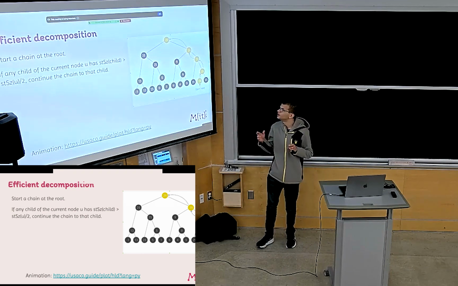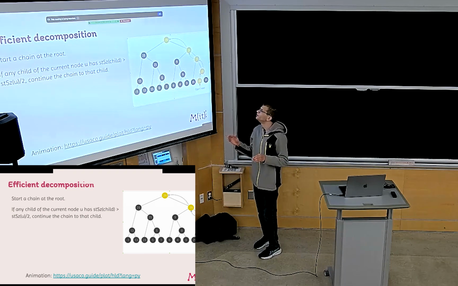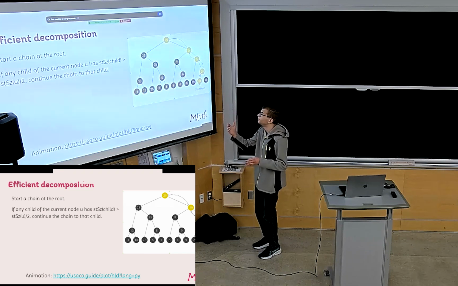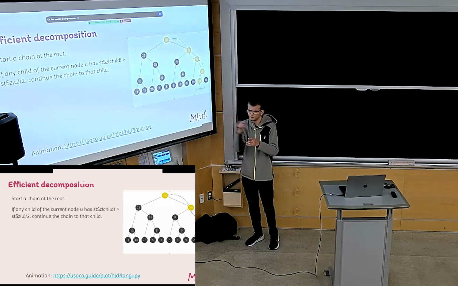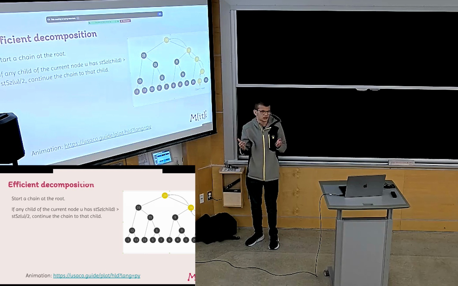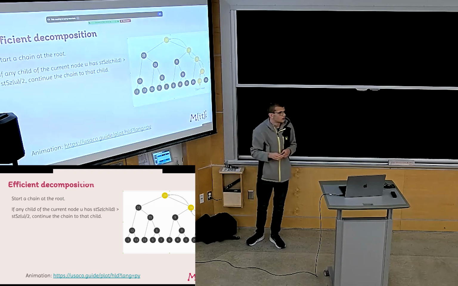This is valid because at most one of the children can have a subtree size that's more than half of the subtree size of the current node. Obviously, if two different children both had subtree size greater than half the current node, then if you add them together, you would get more nodes than are in the subtree of the current node, which doesn't make any sense. Do you guys agree with that? Yeah? Okay.